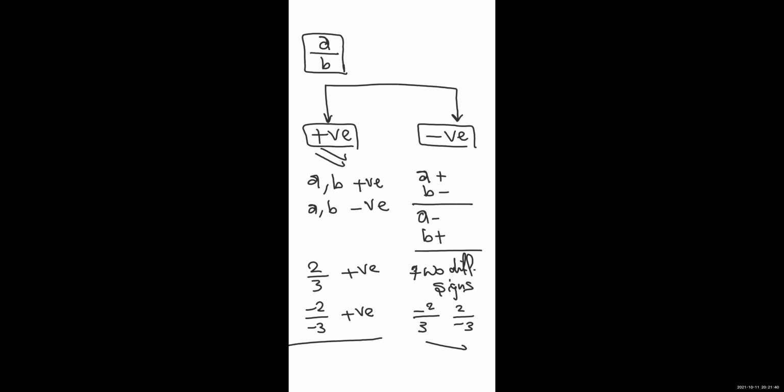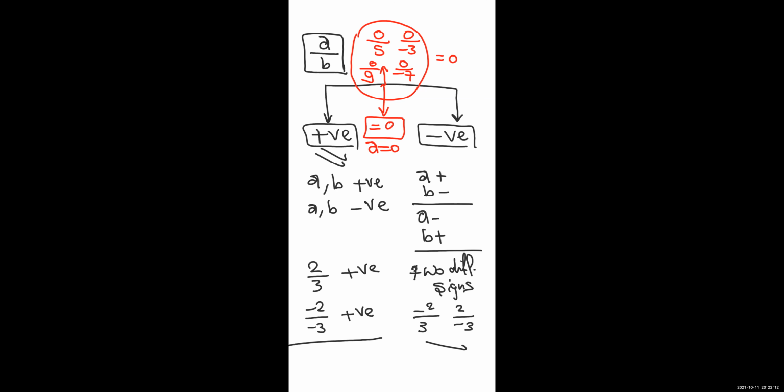Then the number equals 0 if A equals 0. Like 0 over 5, like 0 over negative 3, like 0 over 9, like 0 over negative 7. In all cases, this number equals 0 because 0 divided by any number equals 0.